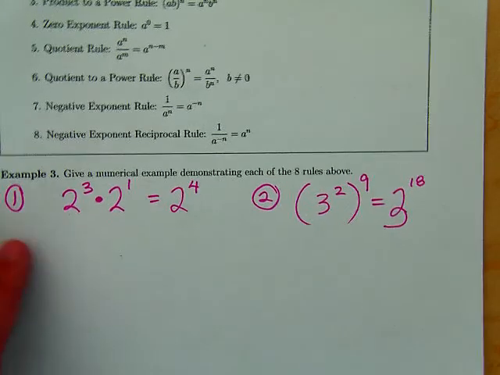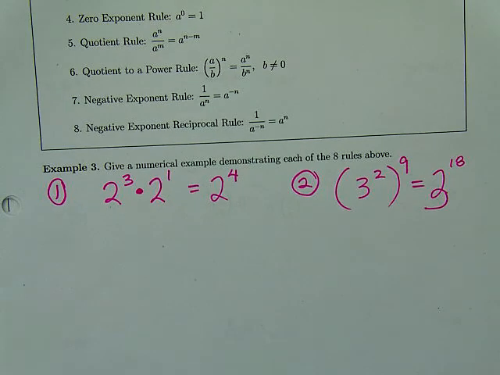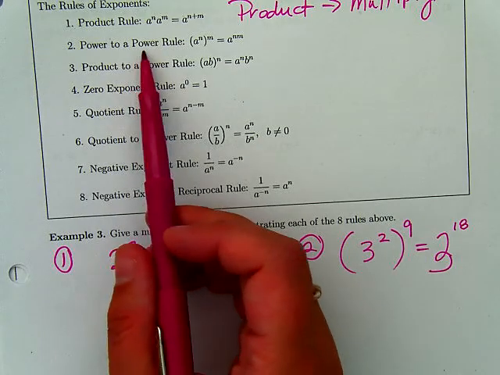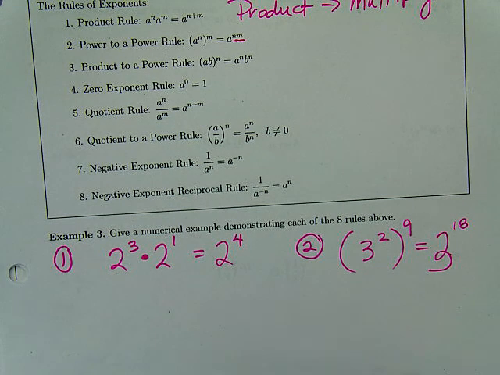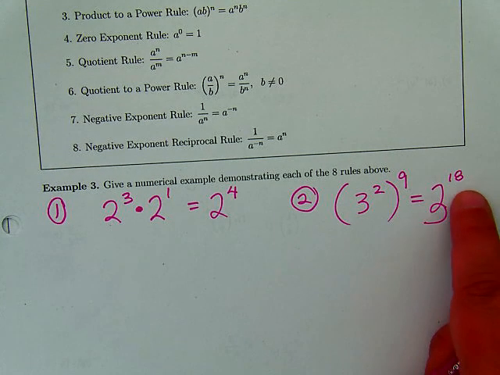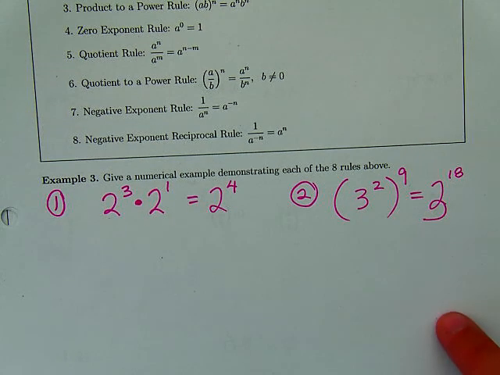Well, if I wanted to prove the rule, I could write it out in standard form. But because I'm just using the rule, the power to a power rule says I multiply the exponents. So that's where we get the 18th power. And I would just leave it as 3 to the 18th as opposed to writing it out as 387 million or whatever the number was.